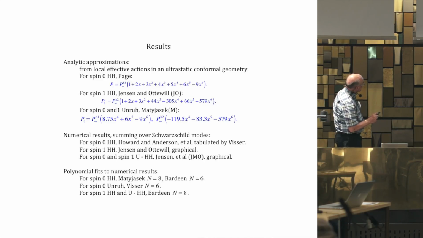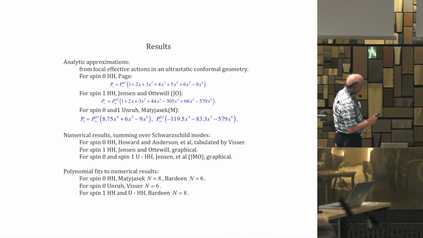And for the spin 0 and spin 1 difference, there's a Jensen, McLaughlin, and Ottewell paper, which gives results, again, in graphical form.